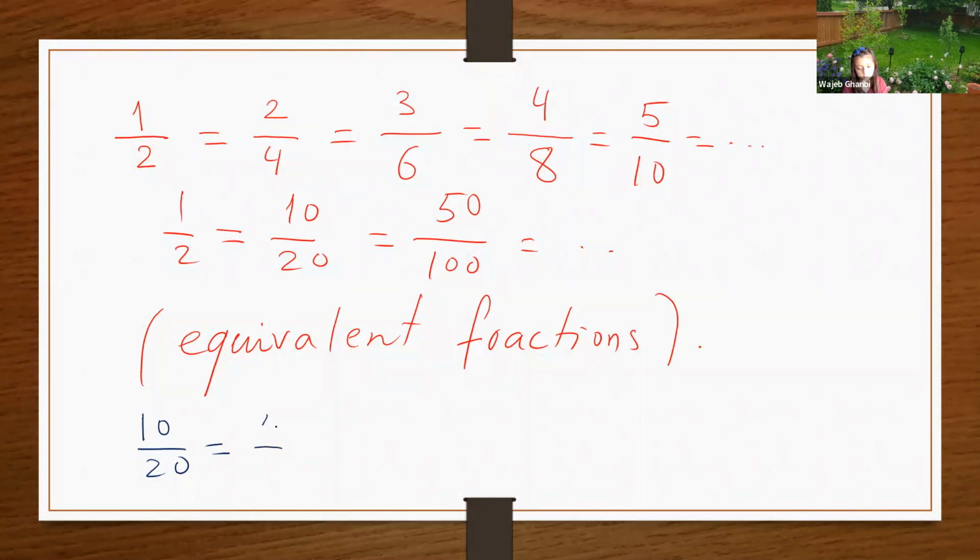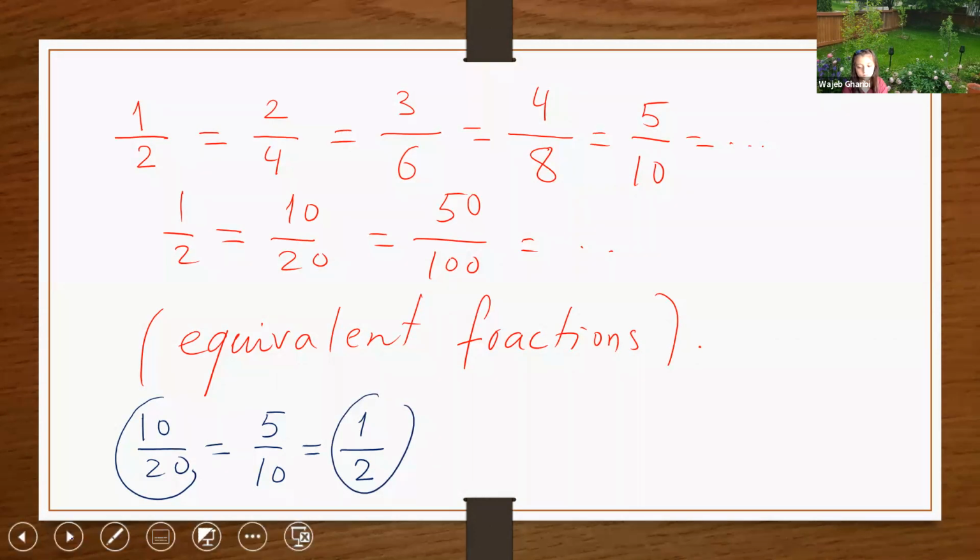If we divide by 2, we will get 5 over 10, and then divide both numerator and denominator by 5, and we'll get 1 over 2. These are again equivalent fractions, but we have reduced 10 over 20 to 1 over 2. It means we have simplified 10 over 20.